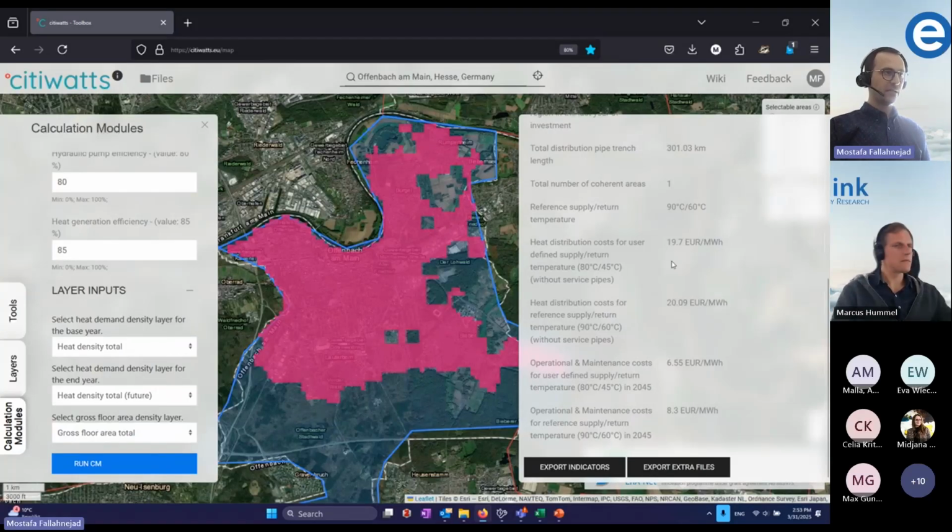As you can see here, with the new lower temperature levels, I have a little bit lower CapEx cost, and also the O&M cost decreases, I would say comparably higher than the CapEx one. And you have again the option to export indicators and extra files.